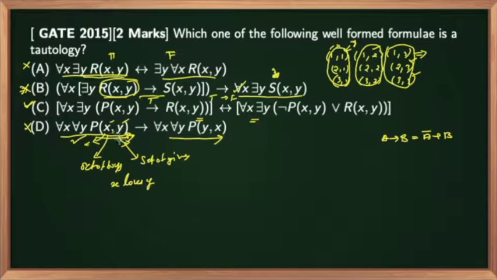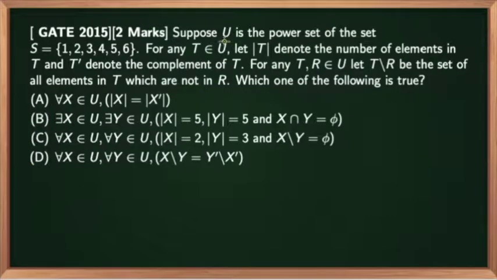So remember that we can even have different domains. Suppose U is the power set of the set S. For any t element of U, let the cardinality of t denote the number of elements in t, and t dash denote the complement of t.